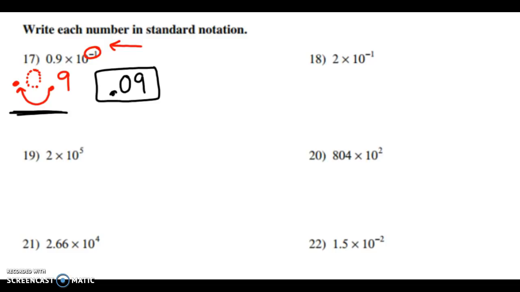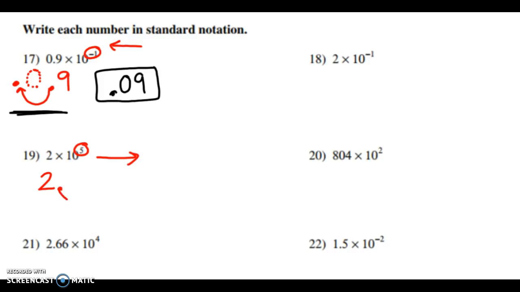I'm going to go down to number 19. This one we have 2 times 10 to the 5th. So I'm just going to rewrite my number 2. Same as before, if there's not a decimal there, we can just add it in, because there's always a decimal in every number. It's just not always written there. Since my exponent is positive, I know I'm going to go to the right with my decimal.